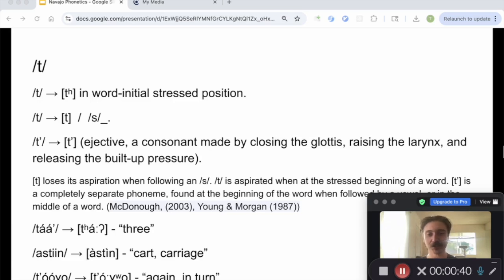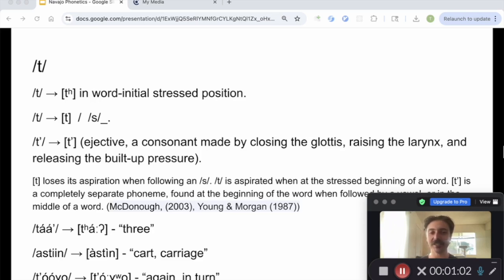The ejective version, I'm not going to try to make because we don't have ejectives in English, and so the description of how to make the sound is pretty foreign to me. But this letter T has a number of rules that apply in the Navajo language.